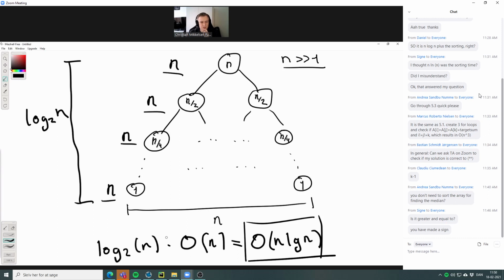Okay, so 6.4. Again, I'm not really going to go through that, mostly because we don't go through double star exercises. But again, I can give a hint. So think about exercise 6.1. In exercise 6.1, we sorted the entire array, and then we really only needed the position of one of the integers, right?